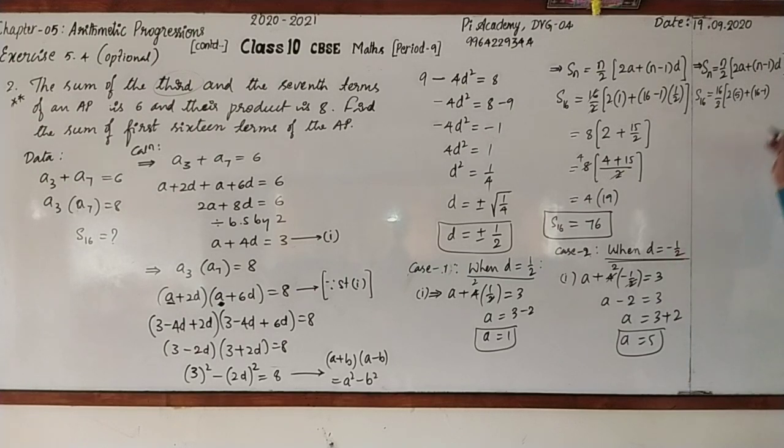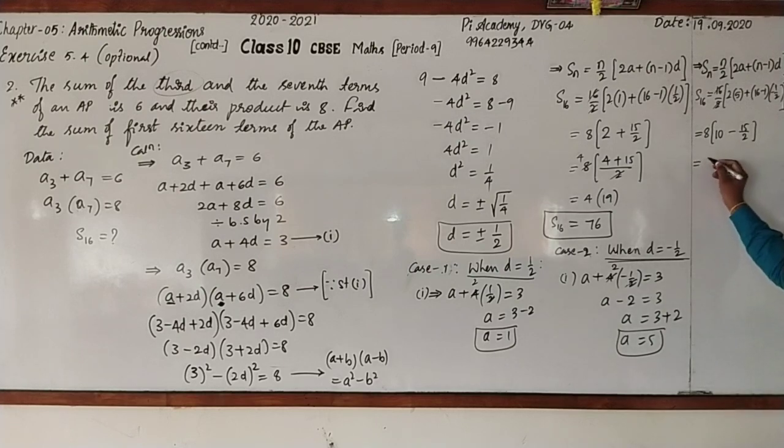D is minus 1 by 2. Next, this is equal to, cancel it, 1s are 8s are. What is 2 5s are? It is 10. Then what is 15 minus 1? Sorry, 16 minus 1, 15. 15 into minus 1, minus 15 by 2.